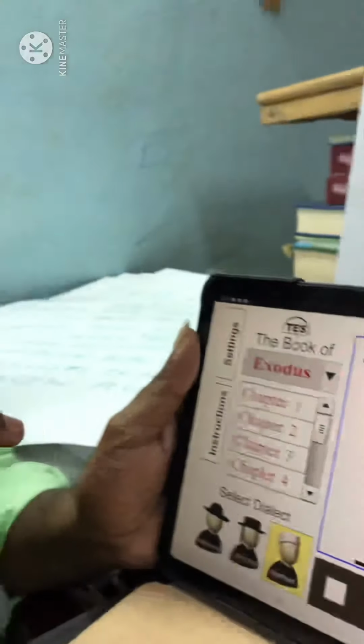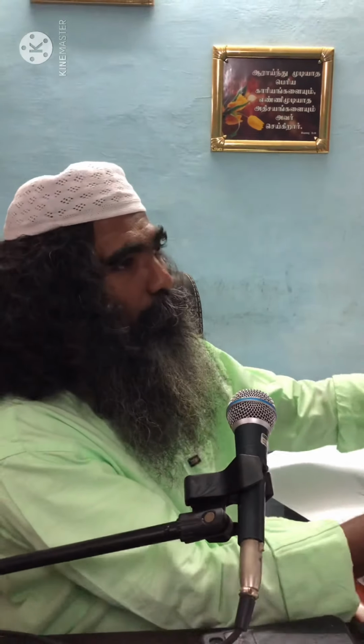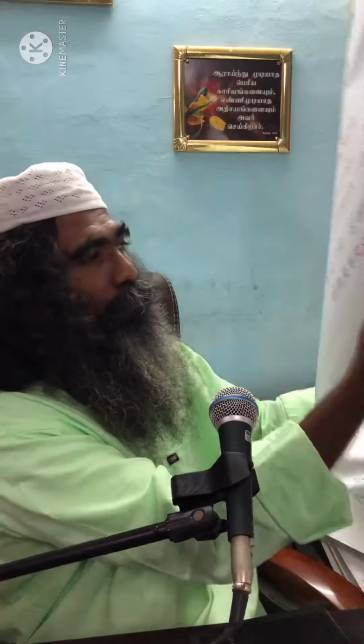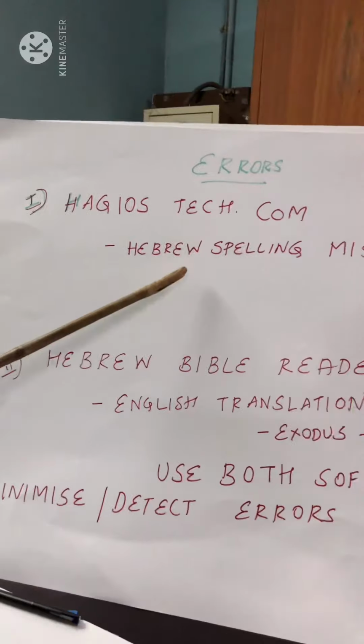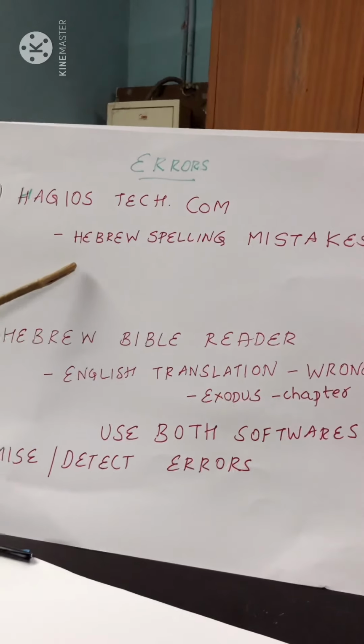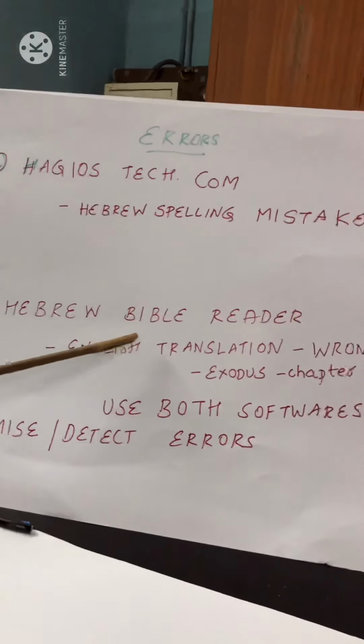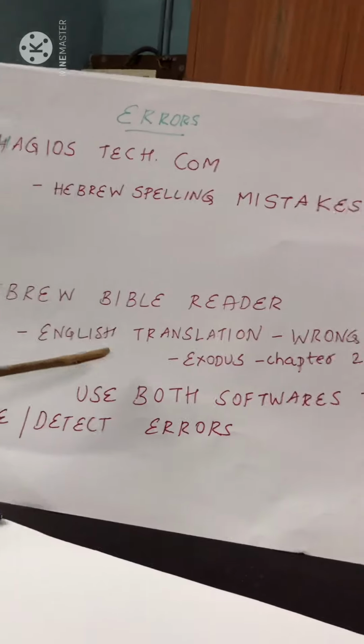Okay, both these softwares are good, but there are certain problems. The Hagios software, you have certain Hebrew spelling mistakes and sometimes even some translation mistakes. The Hebrew Bible Reader, sometimes the English translation is wrong.